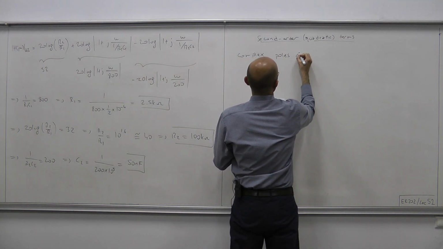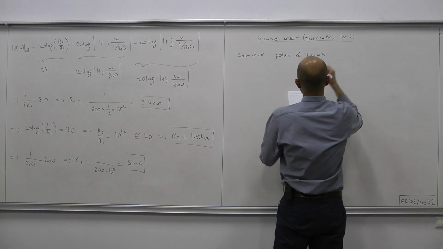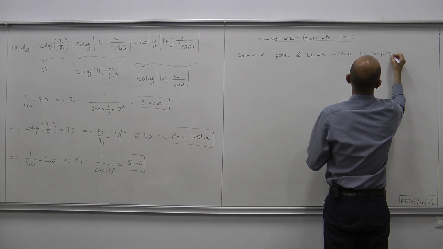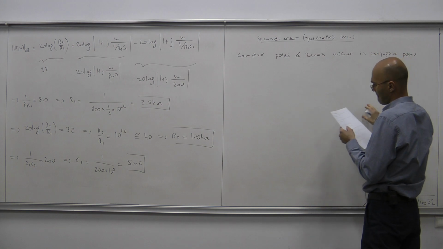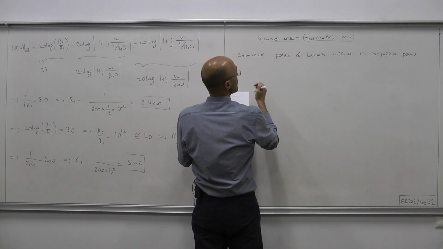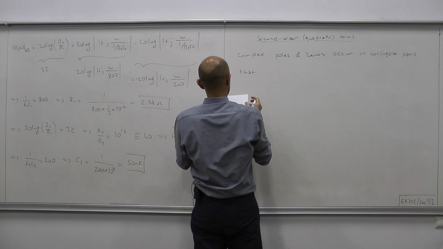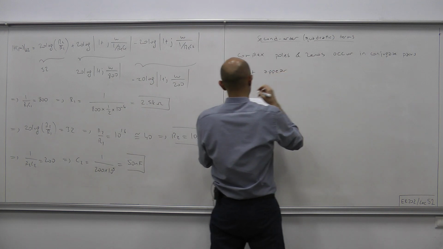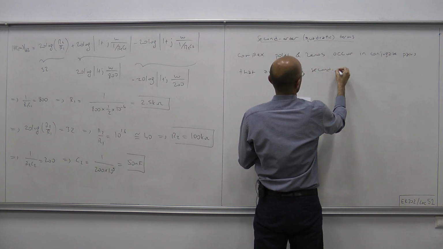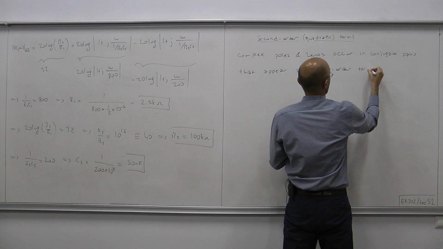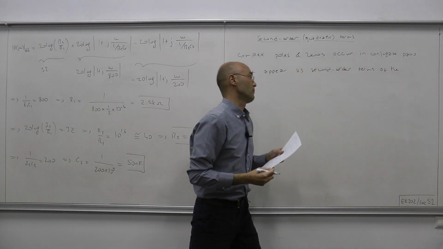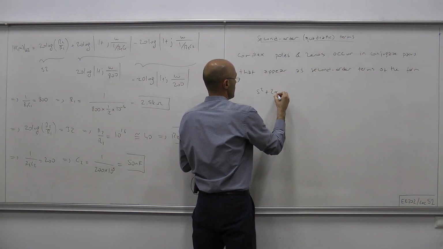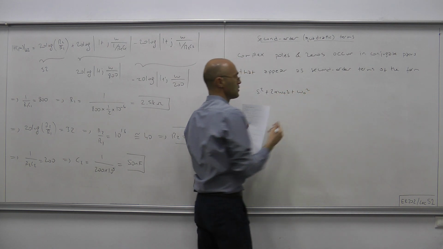Complex poles or zeros occur in conjugate pairs that appear as second order terms of the following form: s squared plus 2 alpha omega 0 s plus omega 0 squared.